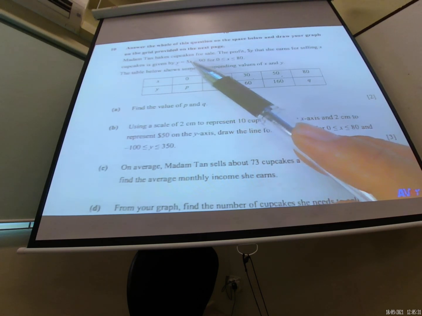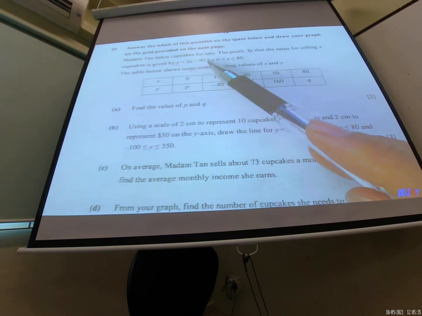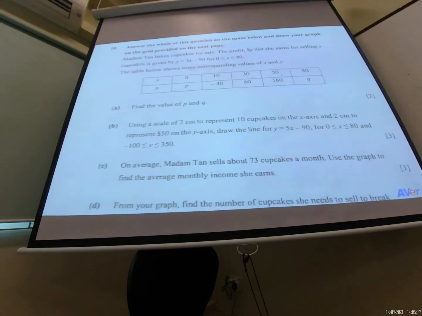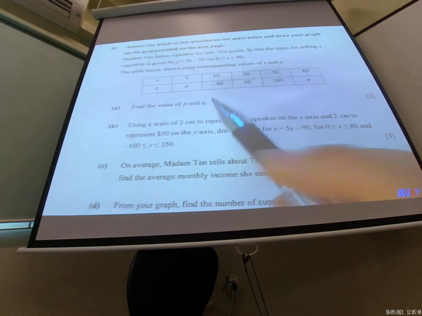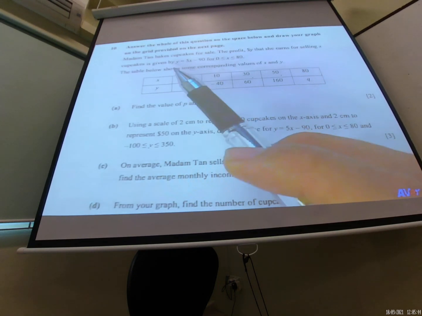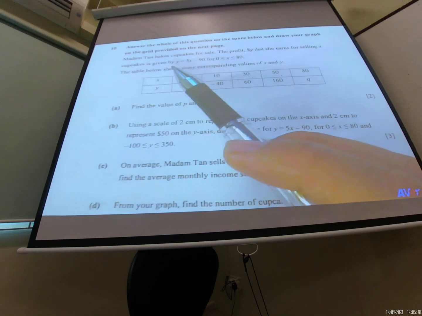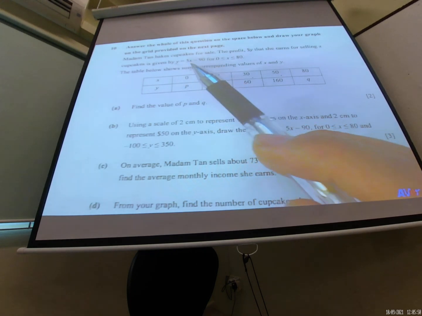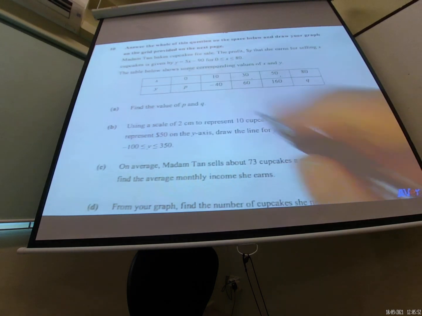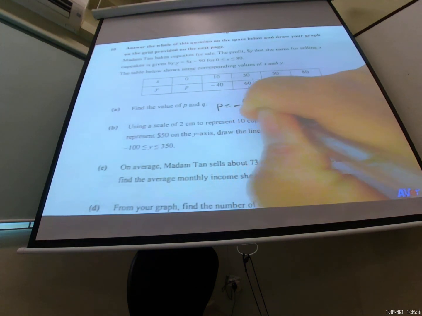We substitute x equals 0 into this equation. When x equals 0, 5 times x is also 0. Anything times 0 is 0. So y is just equal to negative 90. So p is negative 90.